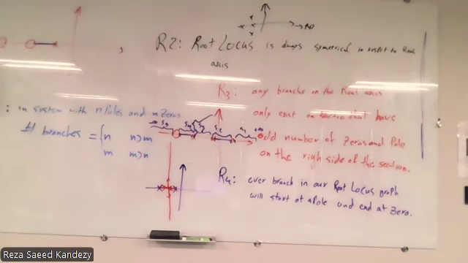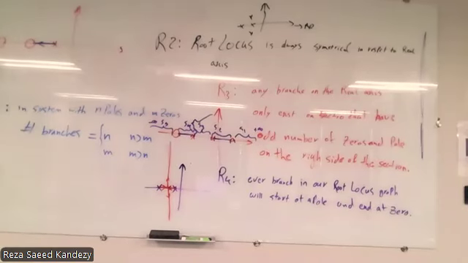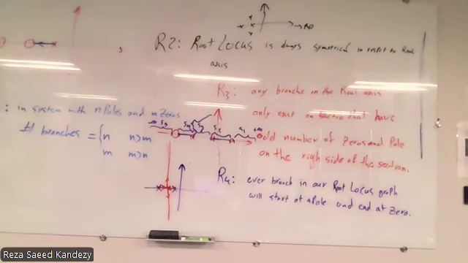Are we good? We said, look at this section. We said every graph, every branch starts from the pole and ends at the zero. So you can imagine that by increasing the k, this is the direction of that branch.